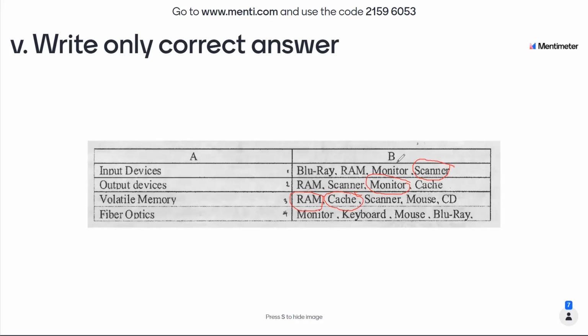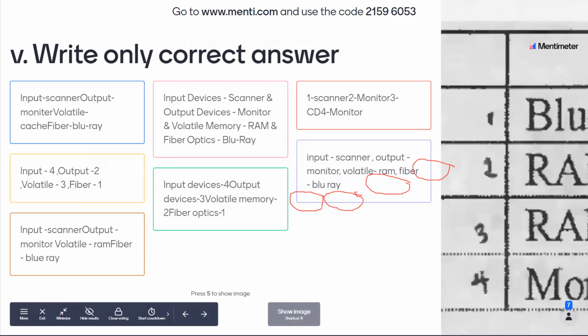Then we have the fourth one, fiber optics. I cannot find any answer here. Usually fiber optics are used in networking to communicate signals through light. We use light to travel from one end to the other. So I'm not really sure which one is directly related to fiber optics. But anyway, let's see your answers.